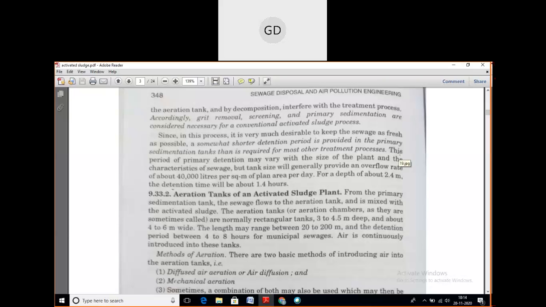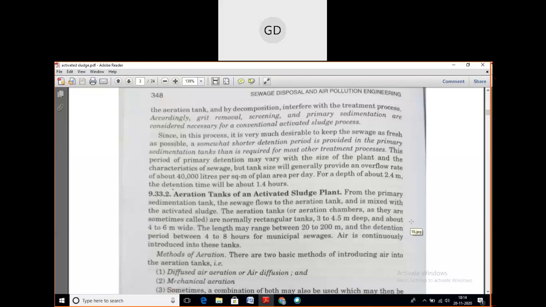It is very important to keep the sewage as fresh as possible, or you could say that a detention period is also provided in the primary sedimentation tank. This primary detention may vary with the size of the plant and the characteristics of the sewage.